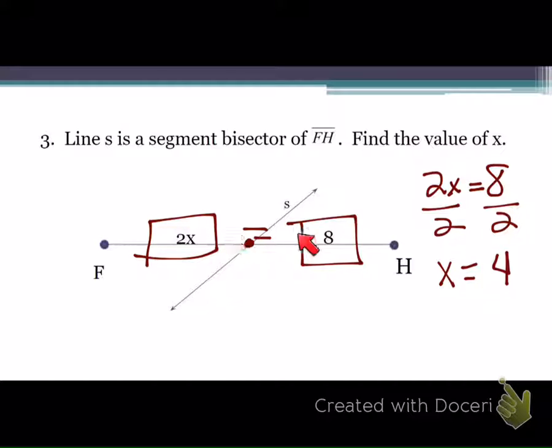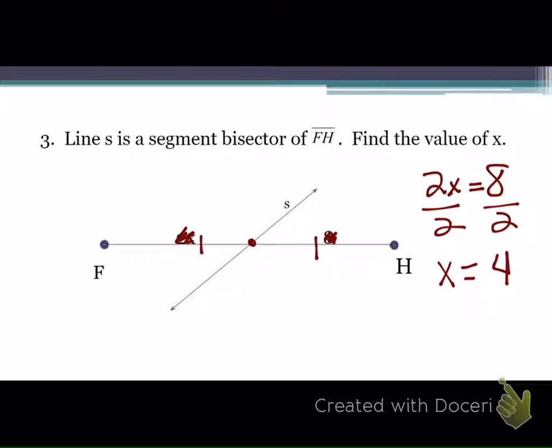Let me go through that again. So, let me erase this first. When we have a segment bisector, it splits this segment into 2 equal parts. So let's pretend we don't see this here, and we don't see this here. Right away, I know that this side is congruent to this side.